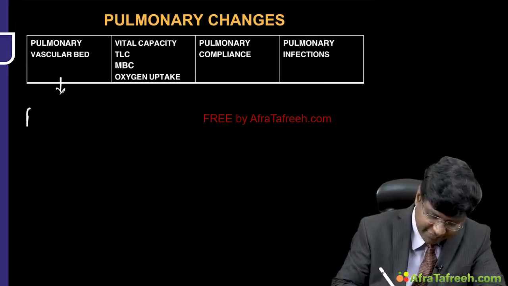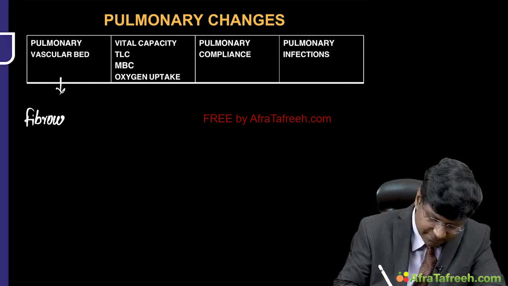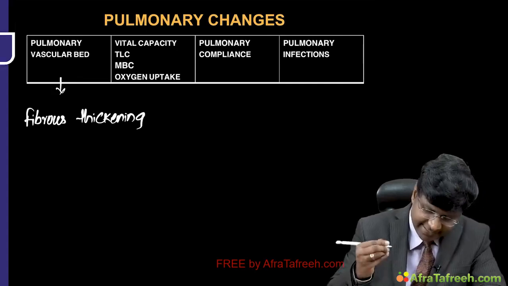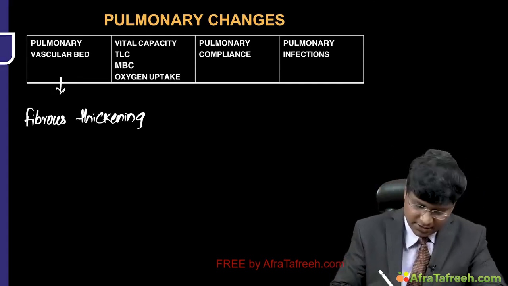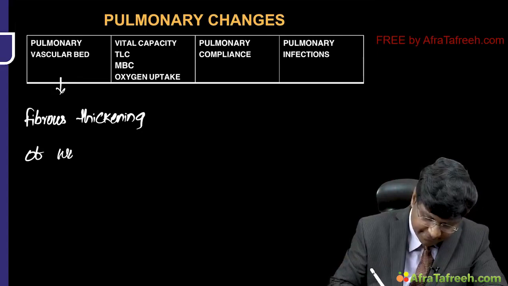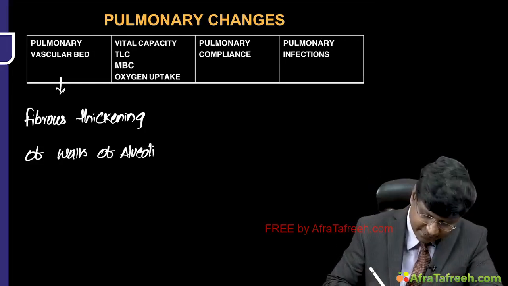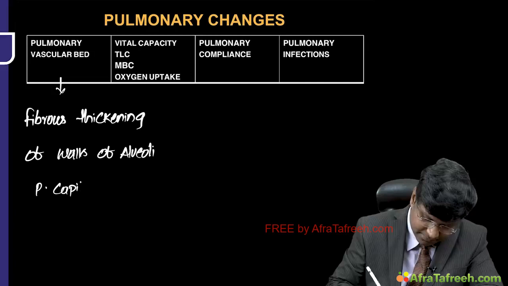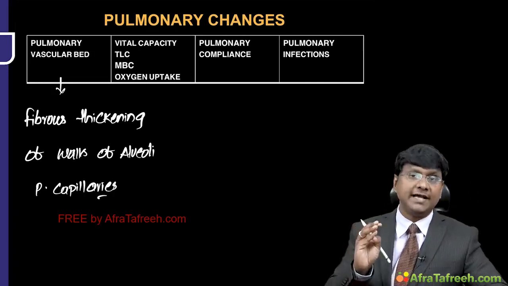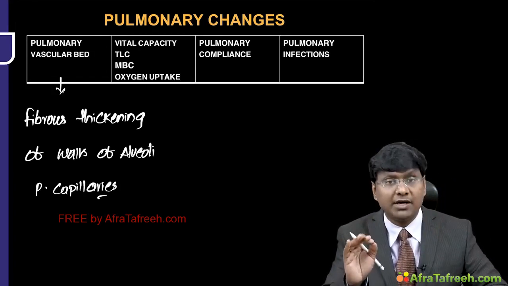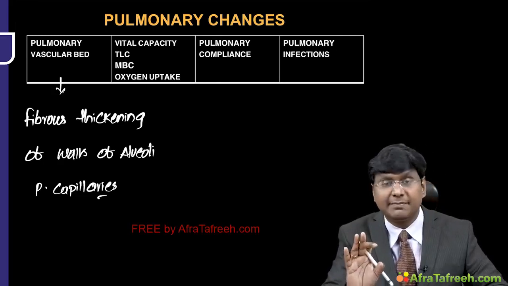There is fibrous thickening of the walls of the alveoli and fibrous thickening of the walls of the pulmonary capillaries, which can occur in case of mitral stenosis.